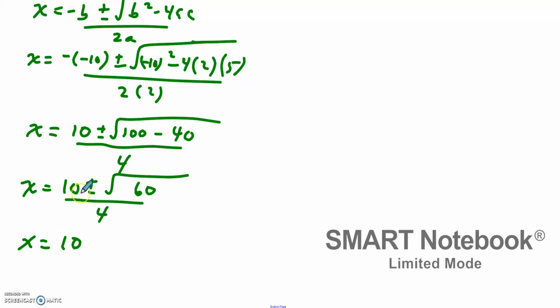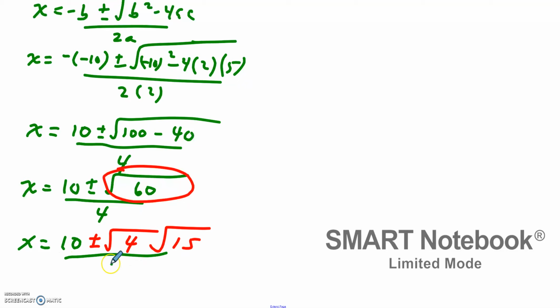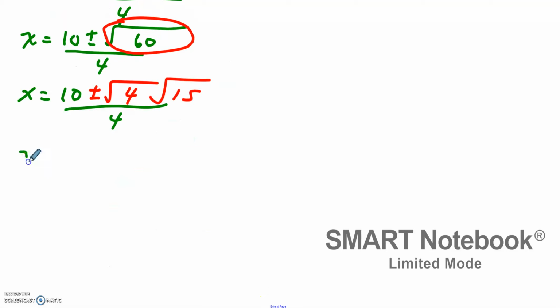Now we can't take anything out of these three numbers yet until we split 60 into perfect square and not. So I'd have plus or minus, the biggest perfect square that goes into 60 is 4, or 4 times 15, all over 4. X equals 10 plus or minus 2 root 15, all over 4.